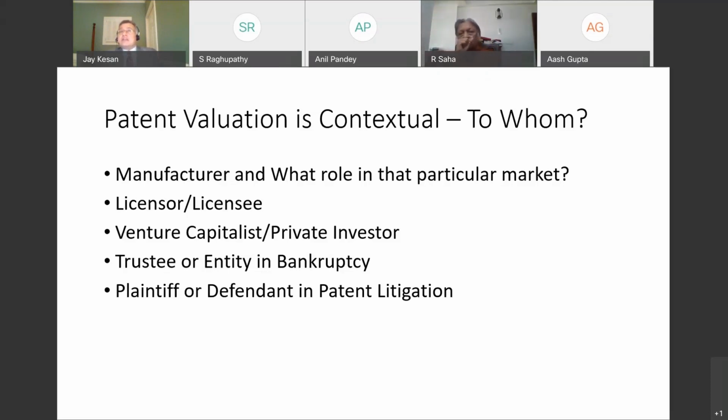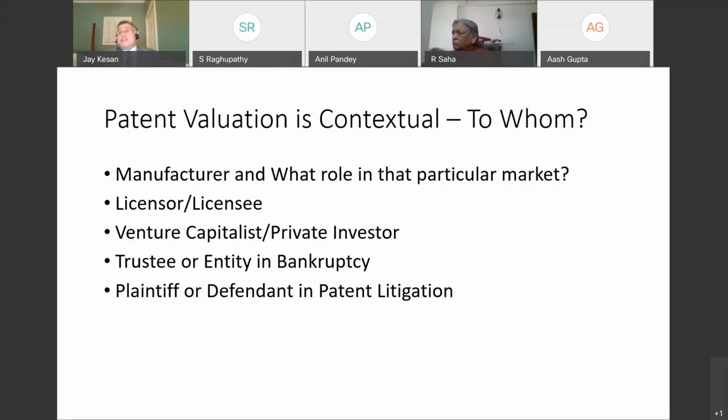They will license the technology to somebody else. And so then they're interested in the terms of the license, and the value of the patent really depends on the terms of what rights associated with the patent are being transferred. And so again, there it really depends on the terms of the license.